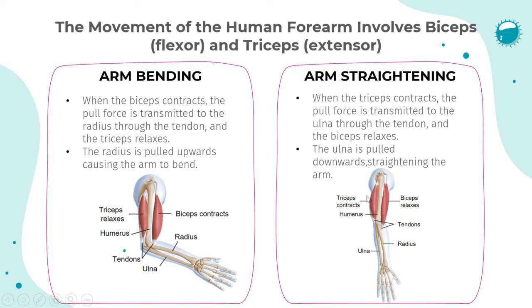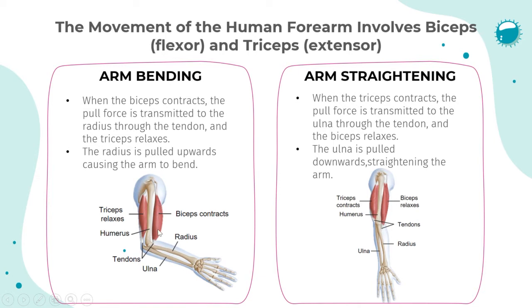The movement of the human forearm involves biceps. What is a bicep? Bicep refers to a muscle. So this is bicep, and this is triceps. The muscles of the forearm consist of biceps and triceps.